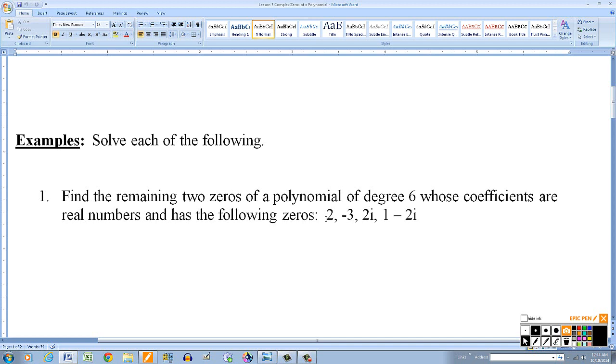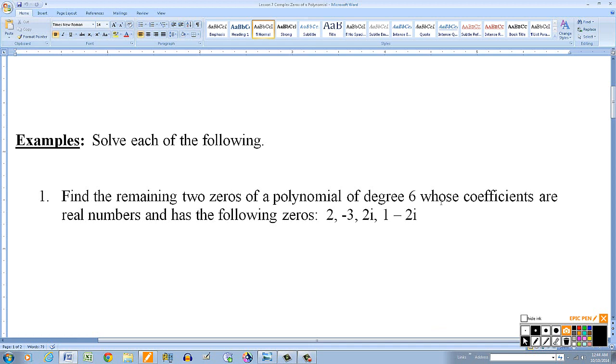Now here they give me 4 of the zeros. They tell me 2 is a zero, -3 is a zero, 2i is a zero, and 1 minus 2i is a zero. Here's where I'm going to apply one of the theorems from the earlier lesson.